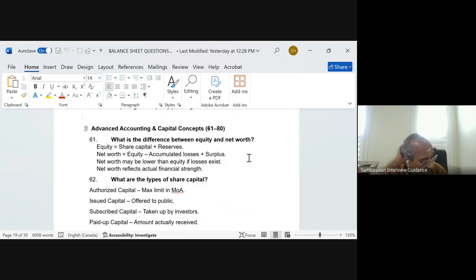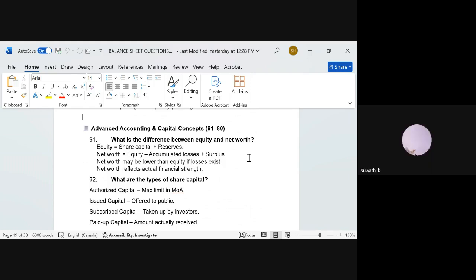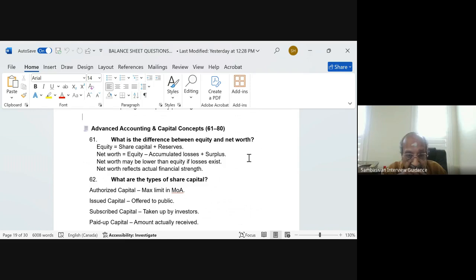But we must read newspapers every day to update ourselves and go through advertisements about UBI and any report about UBI. If you retain it in your mind and tell it in the interview, I'm sure you will be able to impress them. Very good. Now, Swati, please read 61 to 65.